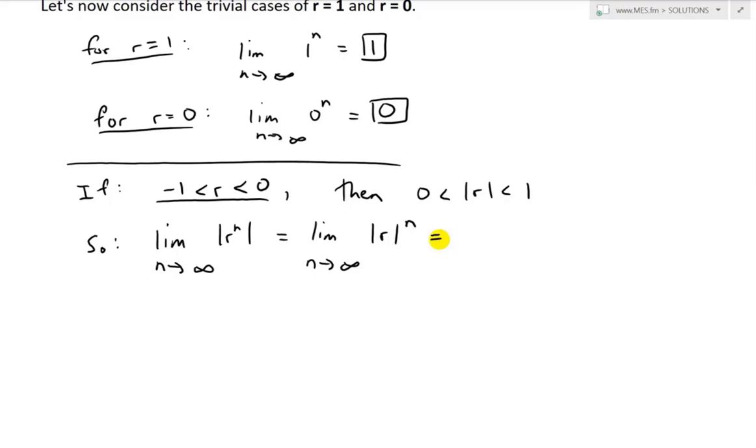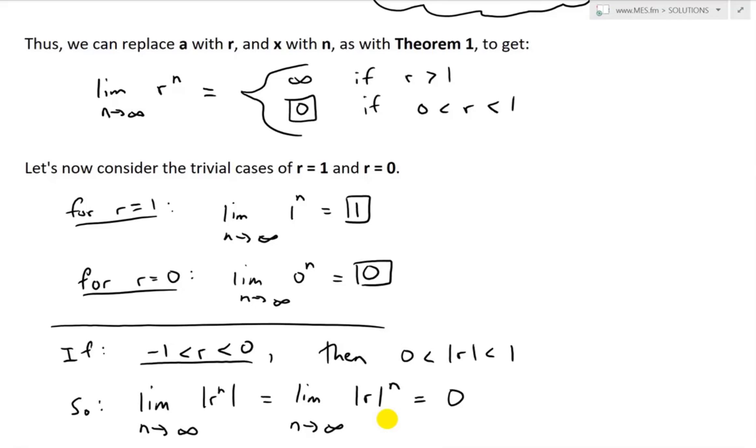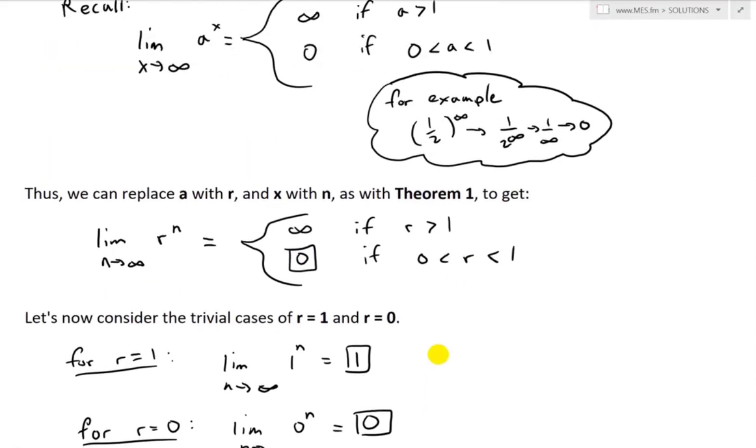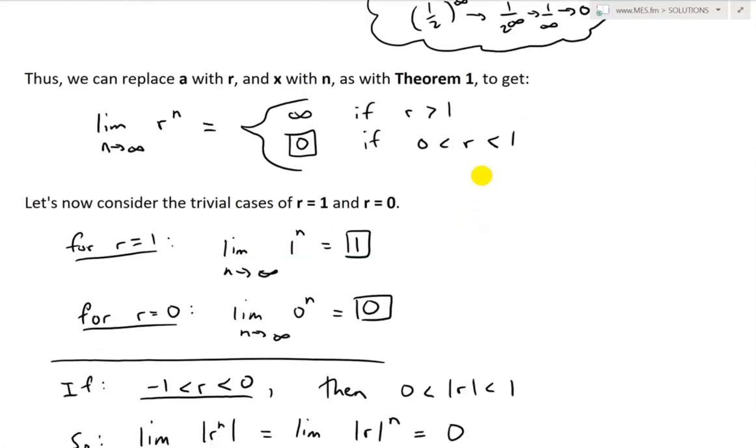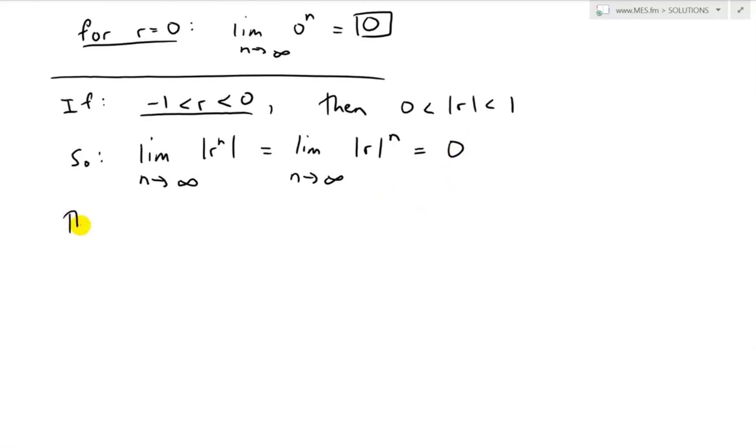So this is going to equal 0, the same as the case above where r is between 0 and 1. So by theorem 2, since the limit of the absolute value of the sequence is 0, so too is the sequence itself. Thus, the limit as n approaches infinity of r to the n is equal to 0.